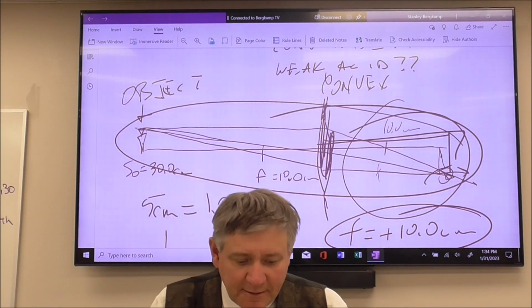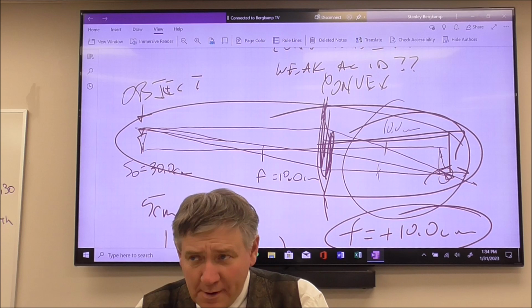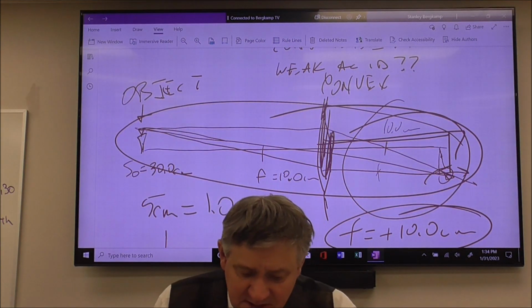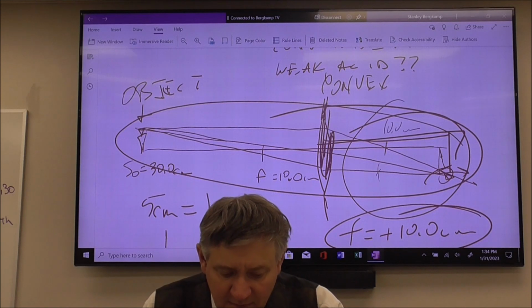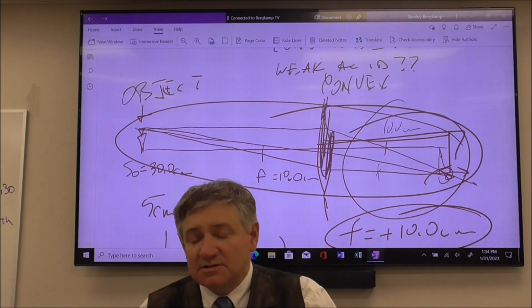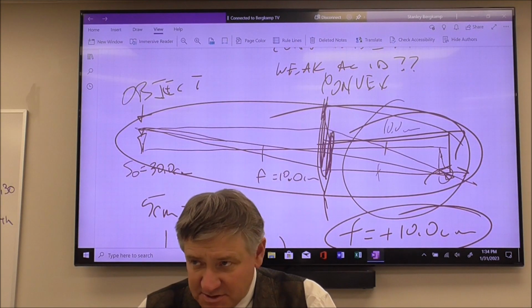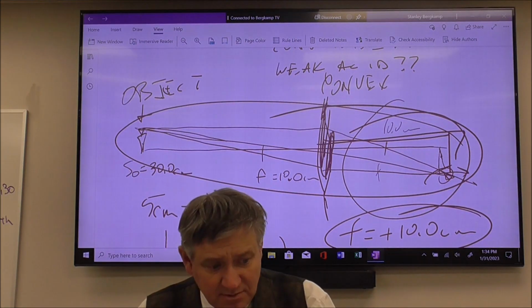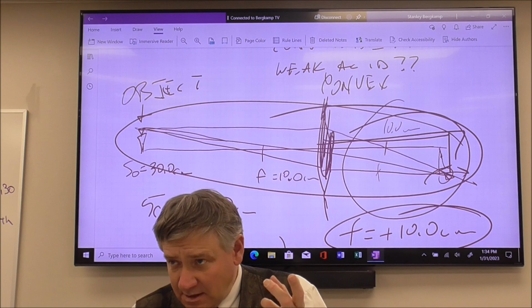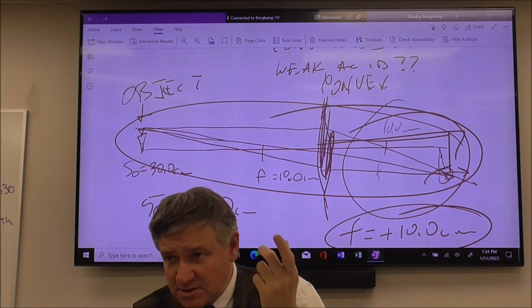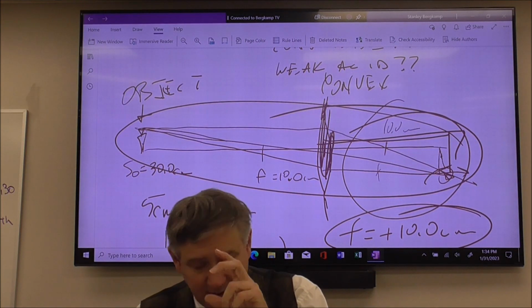So, what I want is your image distance. Tell me, is it upright or inverted? And then the magnification. So, your magnification, and there's a couple of different ways you can do the magnification. You can look at it as a ratio of your object and image distances or the ratio of your heights, okay?